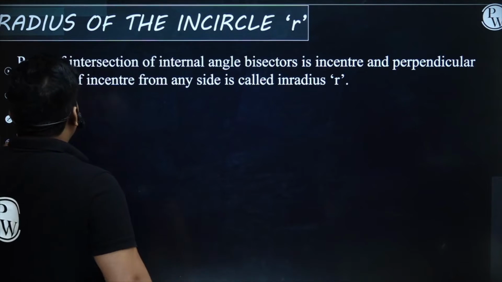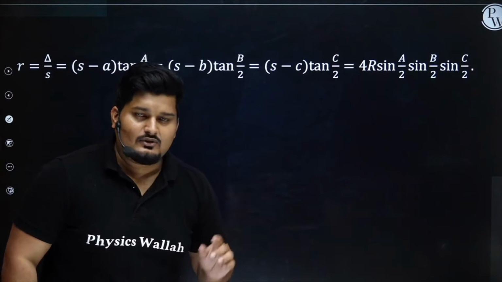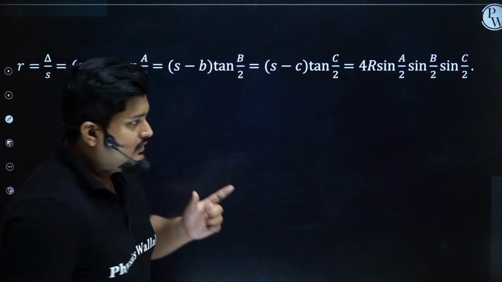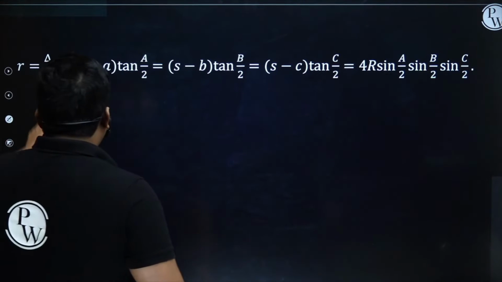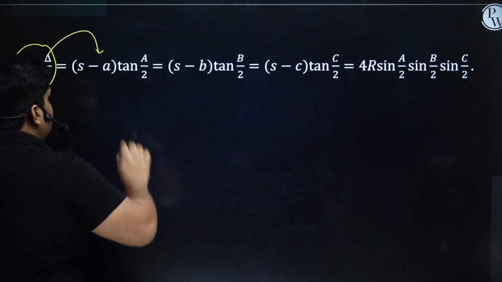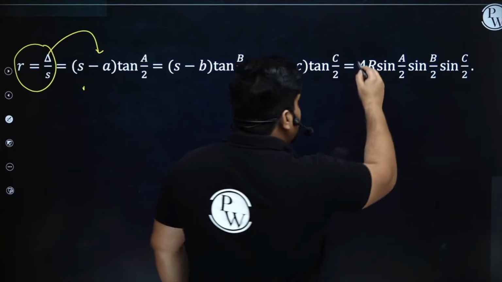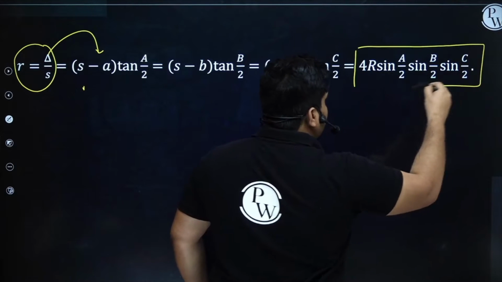The incircle is centered at the point of intersection of all angle bisectors. So this is the formula: r is either delta by S, then we can use the delta formula. It converts to S minus A tan A by 2, or S minus B tan B by 2, or S minus C tan C by 2, or 4R sin A by 2, sin B by 2, sin C by 2.